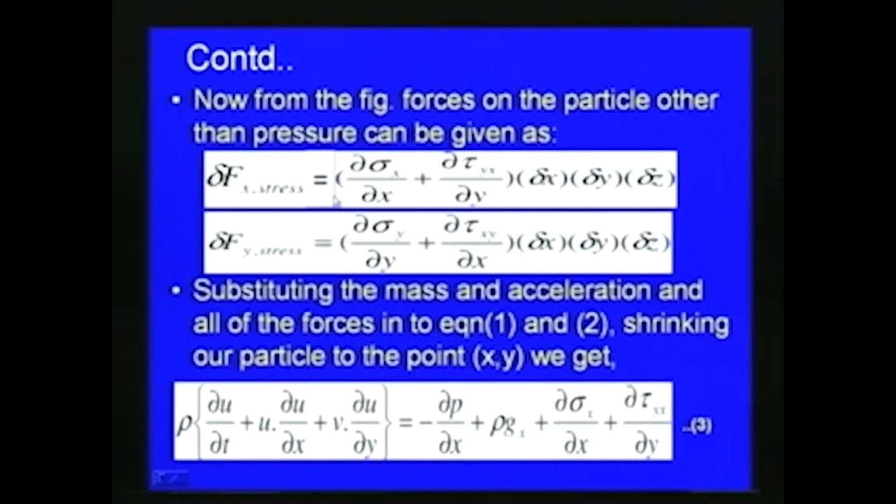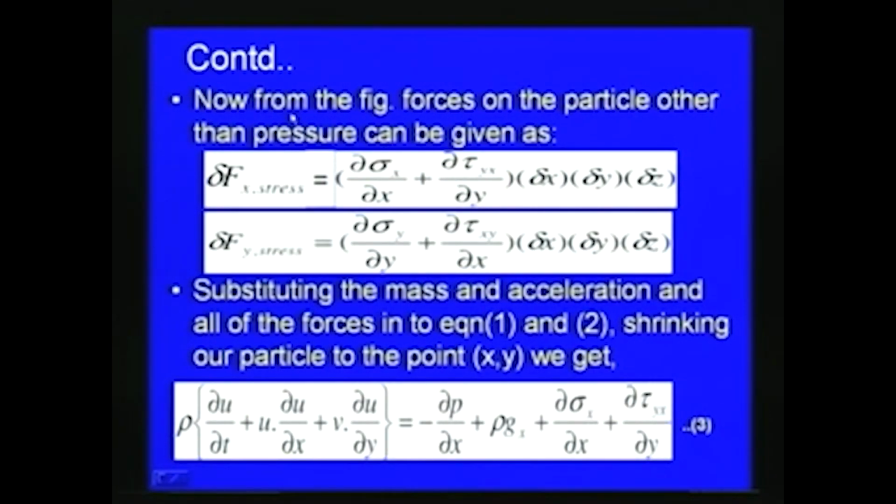Here the stresses are the normal stresses and the shear stresses. Depending upon the flow we consider, shear stresses are definitely there, and normal stresses depend upon the problem we consider. Now all the stresses are shown here.